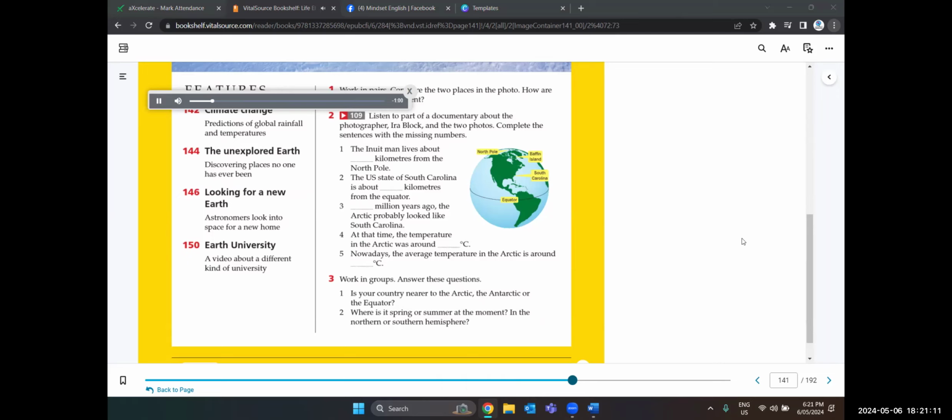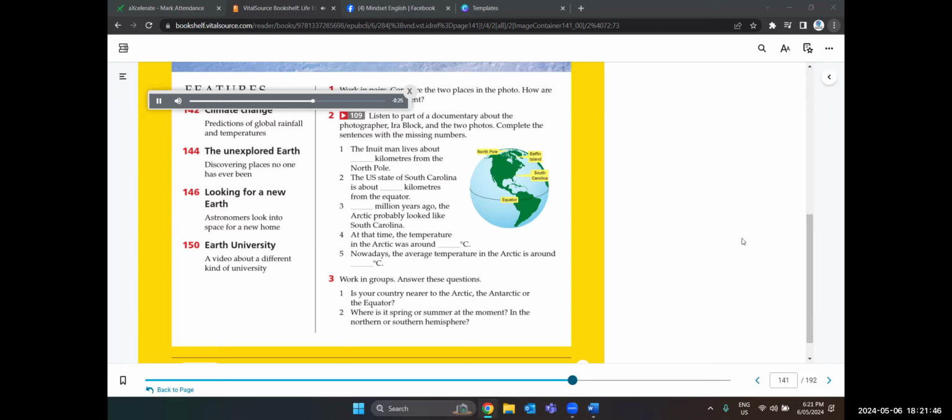This Inuit man lives on Baffin Island in Canada. It's in the Arctic, about 2,500 kilometres from the North Pole. Ira Block took the photo, and the Inuit man is also holding another photo by Ira Block. Ira took this second photo in the US state of South Carolina, which is about 2,500 kilometres from the equator.